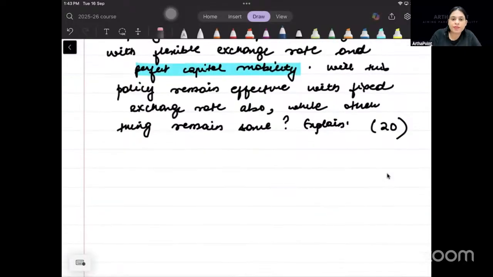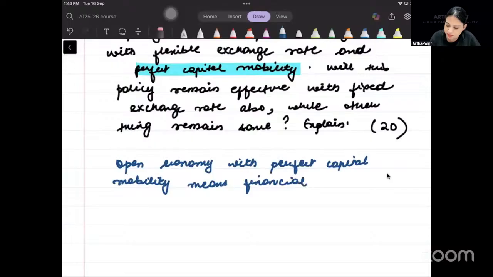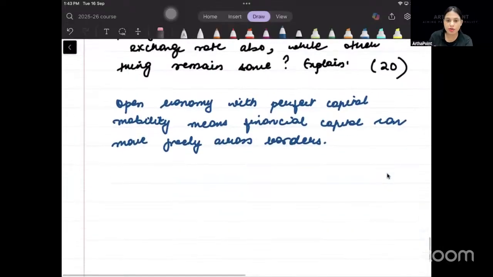So write down: open economy with perfect capital mobility means financial capital can move freely across borders.